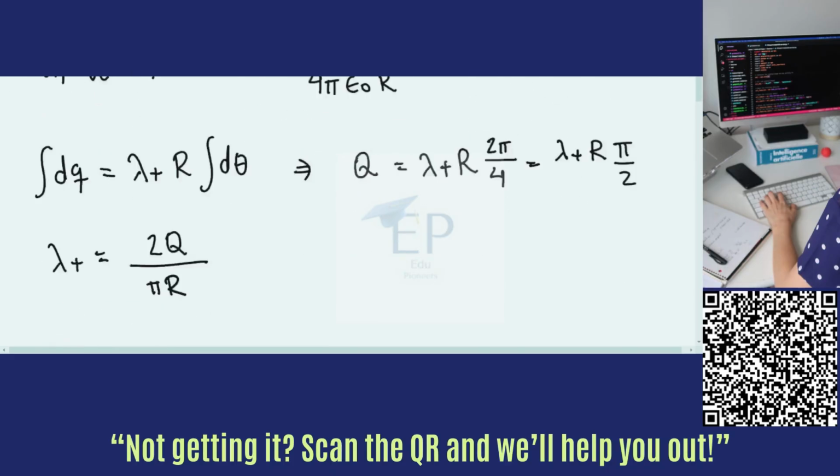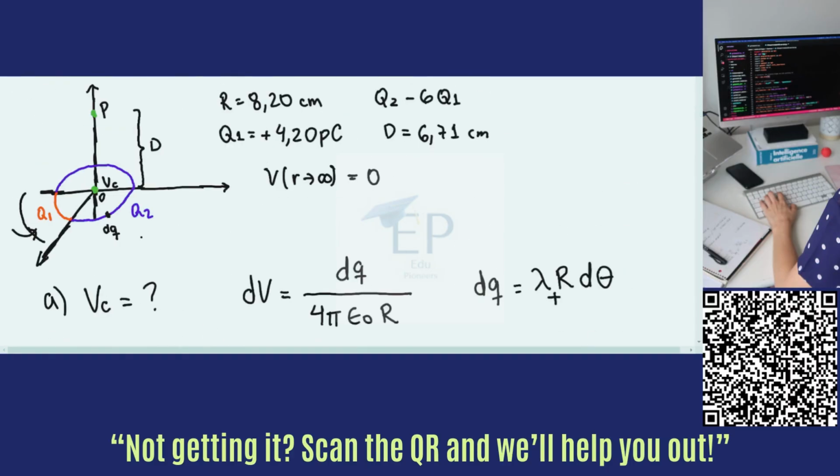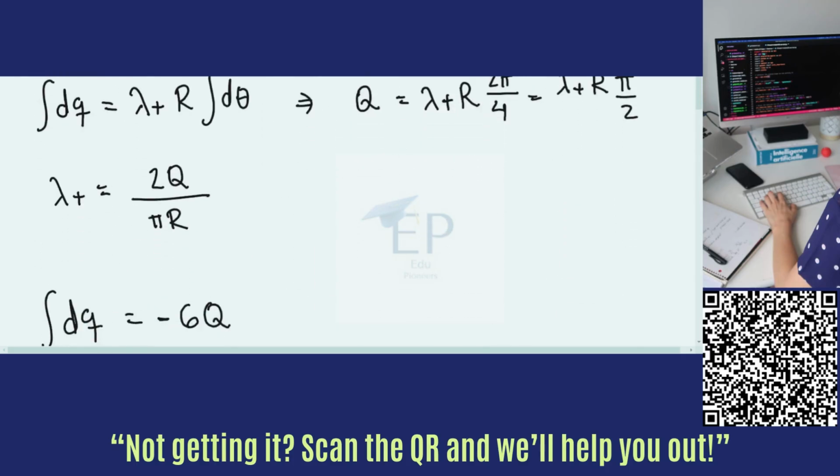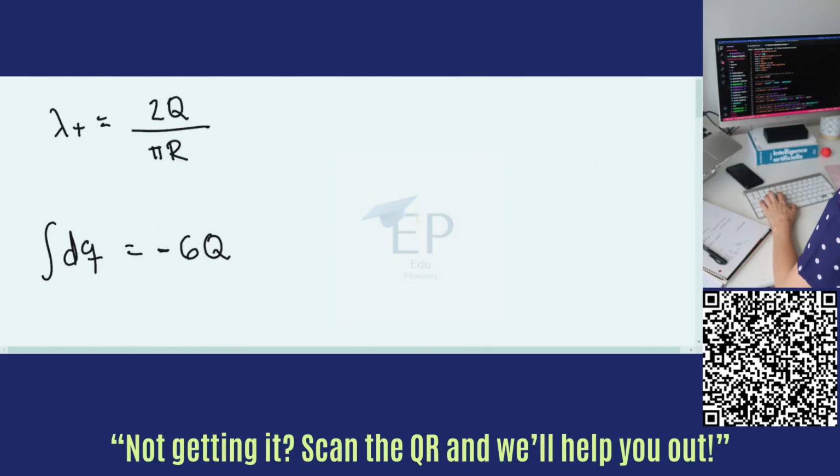When we take the integral of this differential dq, we are going to obtain minus 6q, because that's what we are given in here: Q2, or the negative part of this circle, is minus 6 Q1. We are just going to call it minus 6q. And in this sense, we will have the same for the other part.